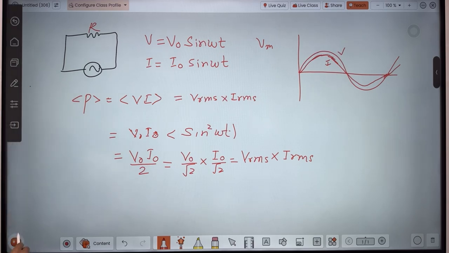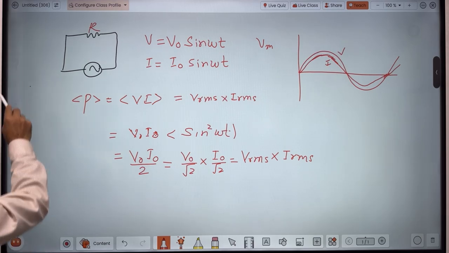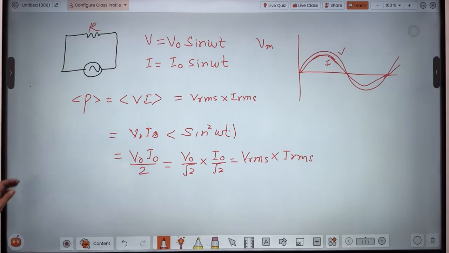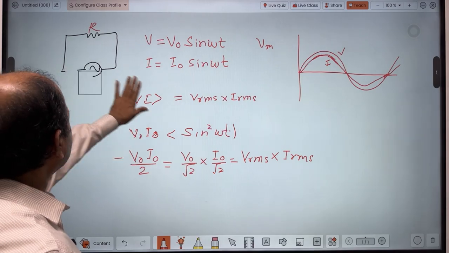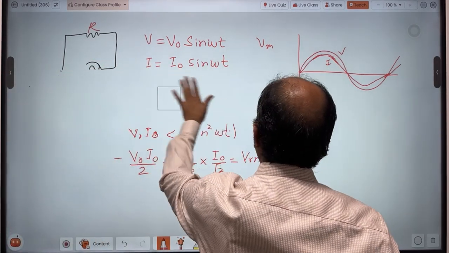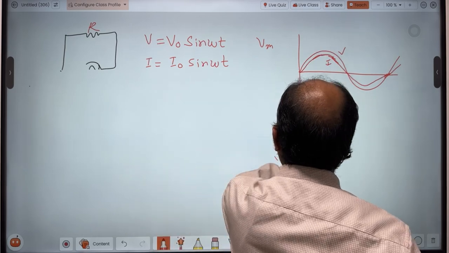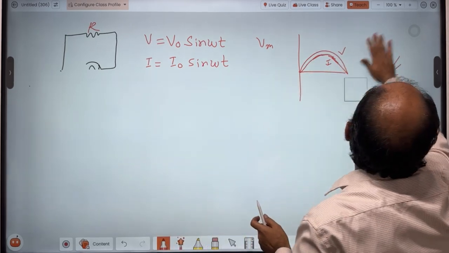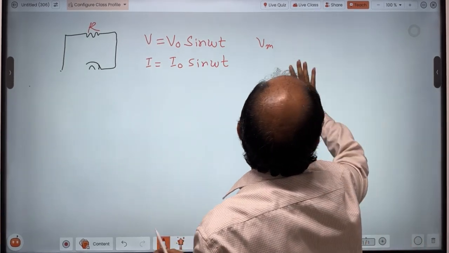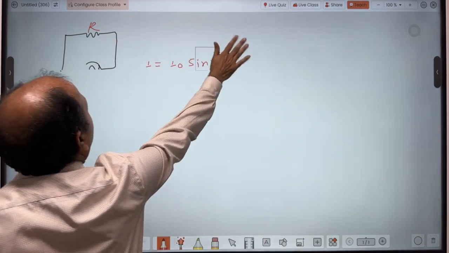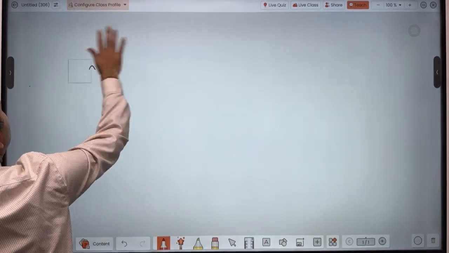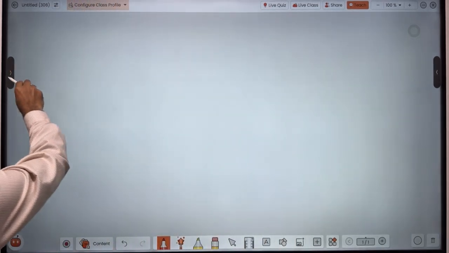Then we have studied another thing, and that thing was AC circuit containing inductor, and we studied about power consumed by it.